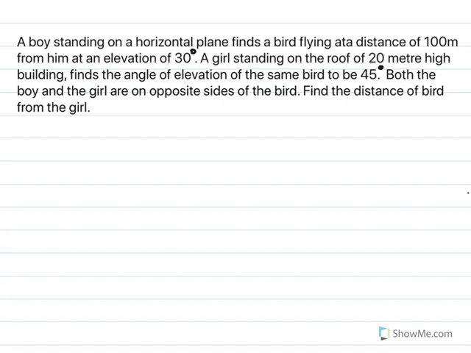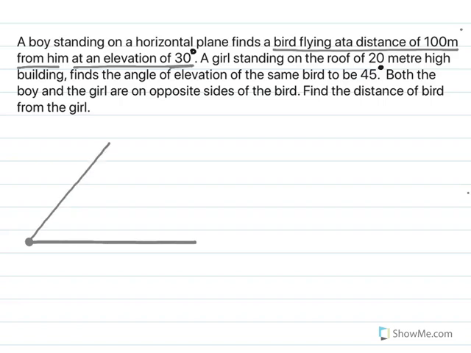A boy standing on a horizontal plane finds a bird flying at a distance of 100 meters from him at an angle of elevation 30 degrees. So let's draw that. The boy is standing here on the horizontal plane and he is watching a bird at a distance of 100 meters, at an angle of elevation of 30 degrees.